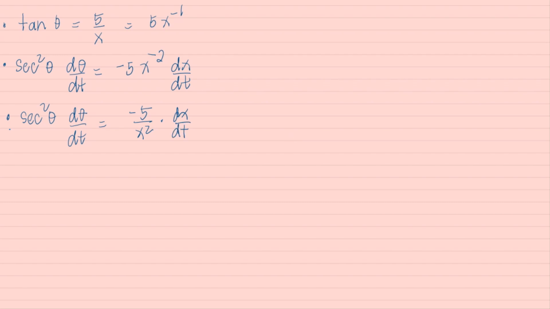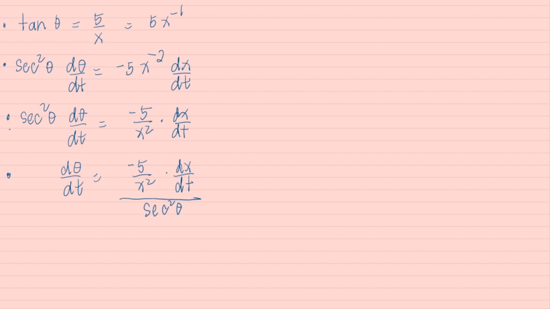Since we are looking for d theta over dt, we need to divide both sides of this equation by secant squared. So d theta over dt is equal to negative 5 over x squared times dx over dt, all over secant squared of theta.